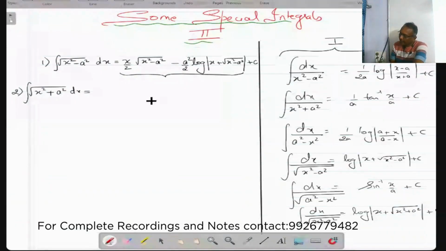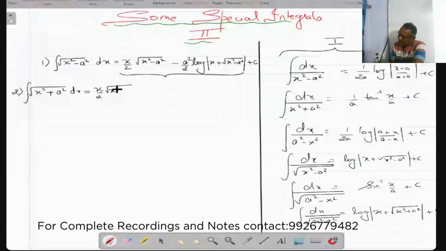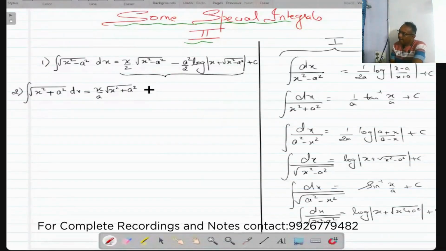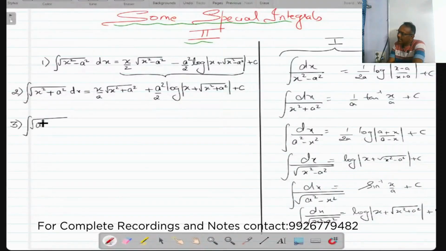x by 2 under root x square plus a square plus a square by 2 log of x plus root over x square plus a square. Understood? Can you tell me and see this wala set and tell me what should root over a square minus x square be?